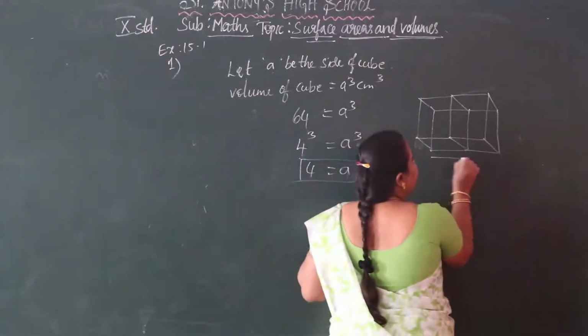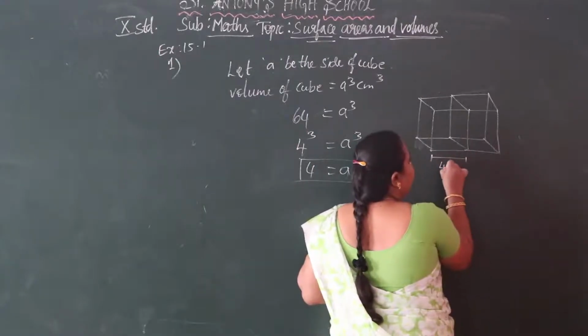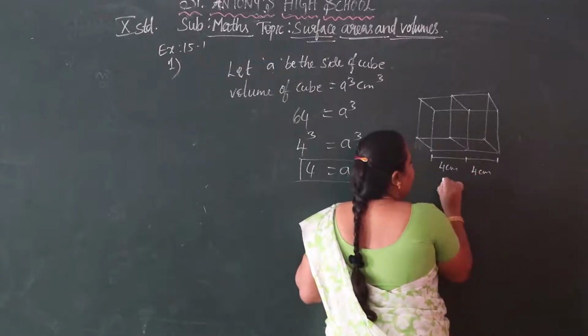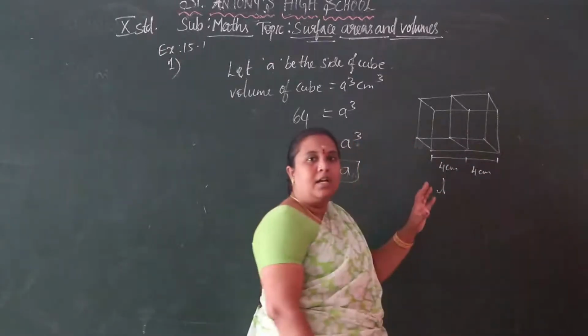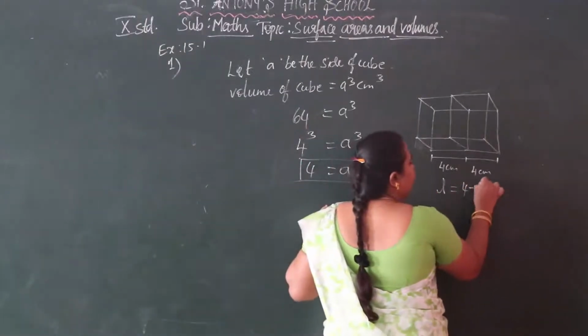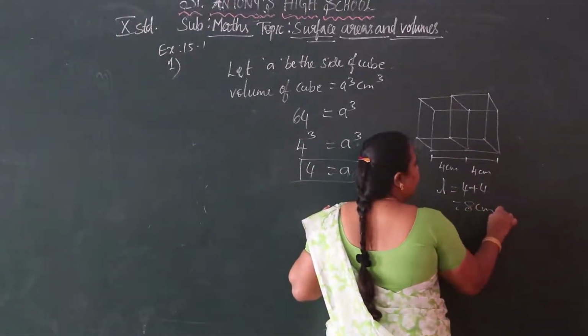The edge of one cube is 4 centimeter and the edge of another cube is 4 centimeter. So this is the length of the cuboid, which is 4 plus 4 equals 8 centimeter.